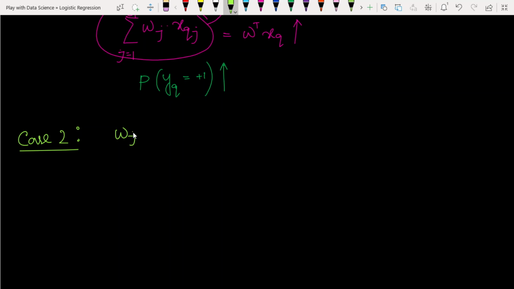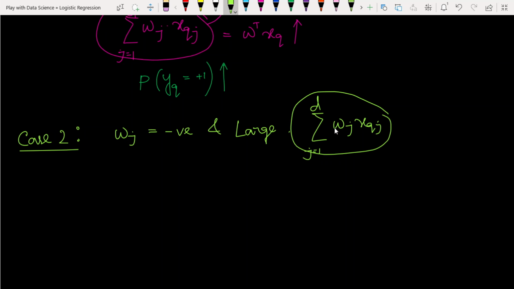If Wj is negative and large, in such situations what happens? If we see the multiplication of Wj and xqj, when j is equal to 1 to d, then if our Wj is negative and large, what will be the multiplication result?